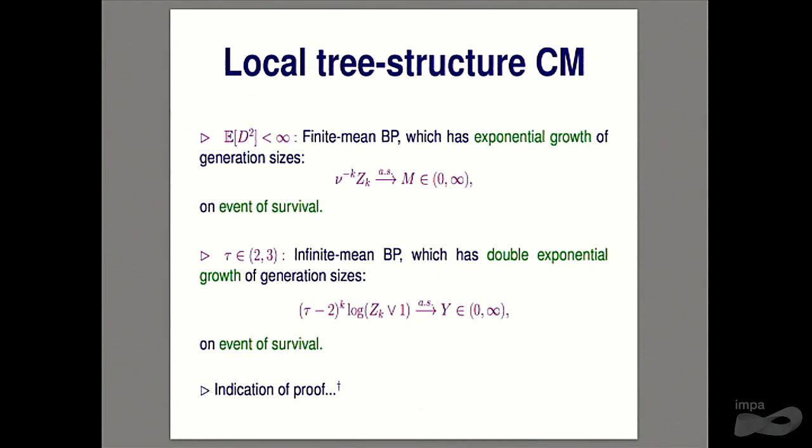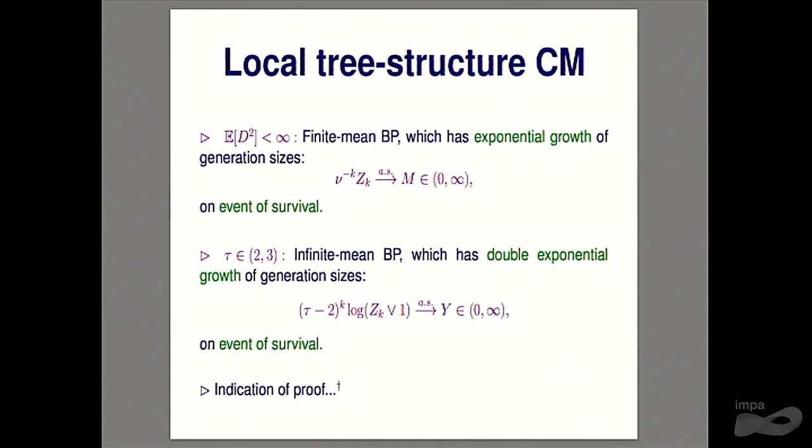Then we have two different settings. If the expectation of D squared is finite, then the branching process that I get here will have finite mean. That's this size biasing. A finite variance of the degree distribution will turn into a finite mean of the branching process.